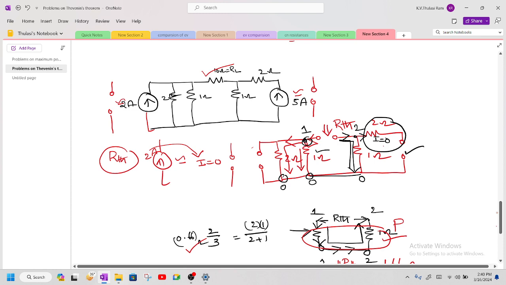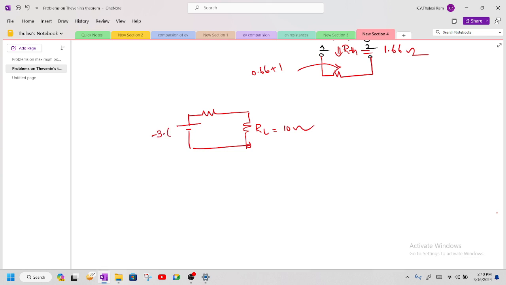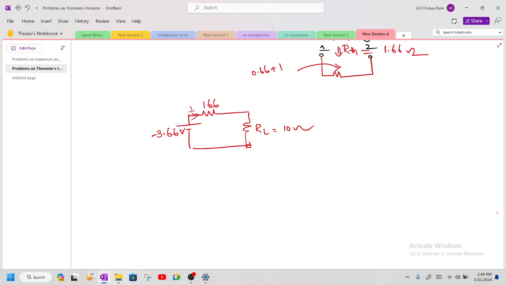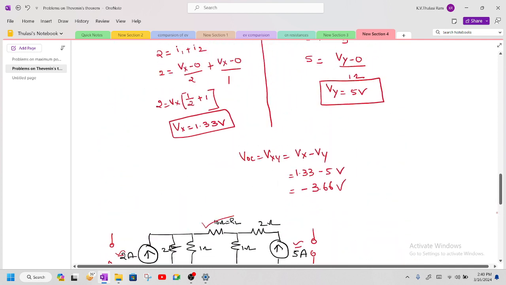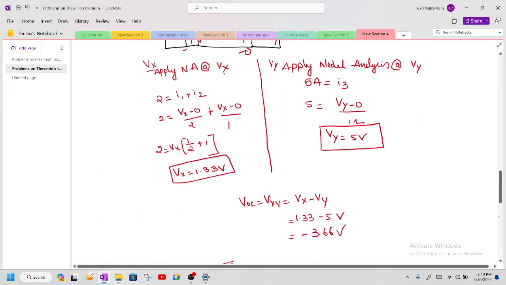RL is 10 ohm, and we have got the value of VOC as minus 3.66 volts, and we have got R Thevenin as 1.66. How to write down the current IL? Just use the formula we had already discussed.